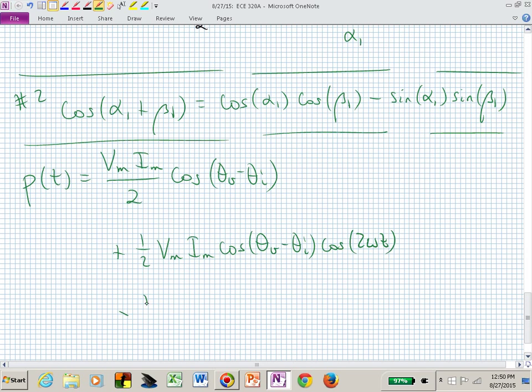And then I have a minus 1/2 Vm Im sine theta sub v minus theta sub i sine 2 omega t.